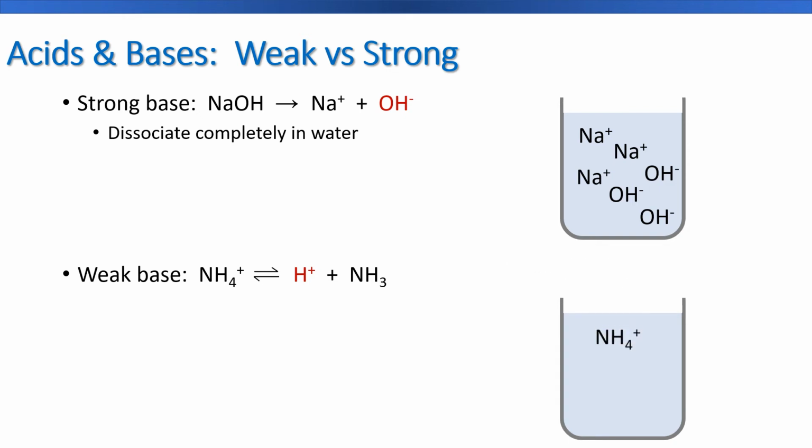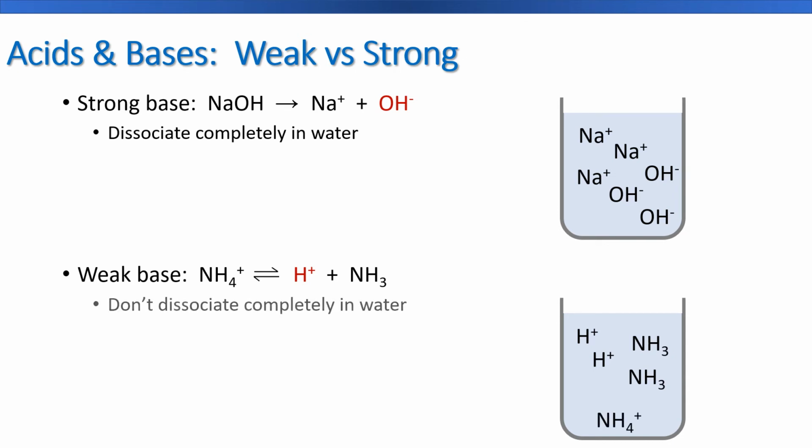Now, some of it will dissociate into ions, but some of it's going to stay intact. And we can conclude for weak bases that these don't dissociate completely in water either. So now that we know about weak acids and weak bases and that there's some magic there, let's talk about buffers.